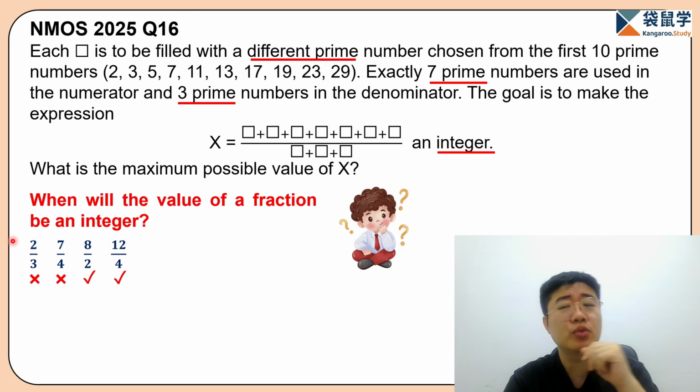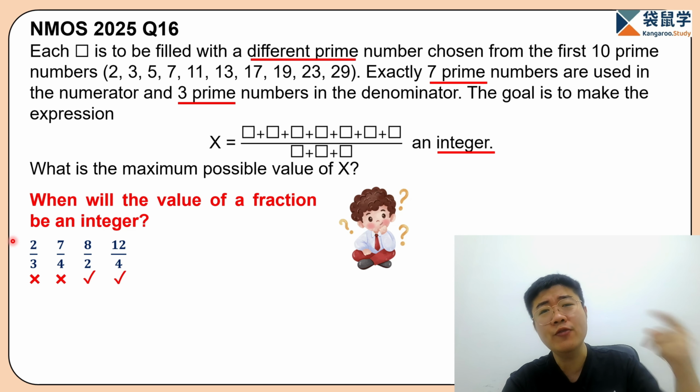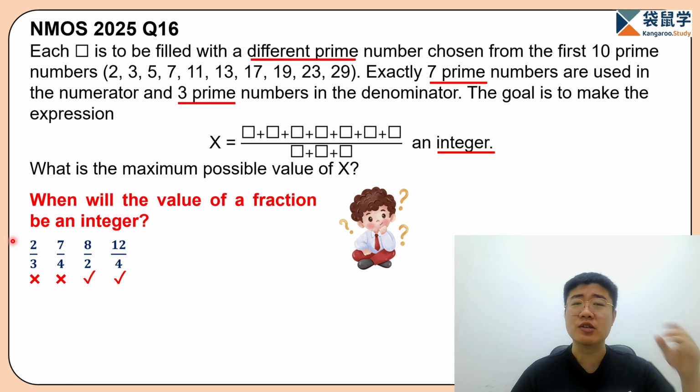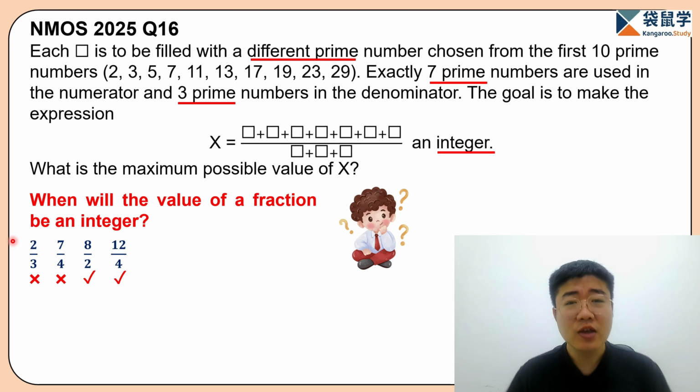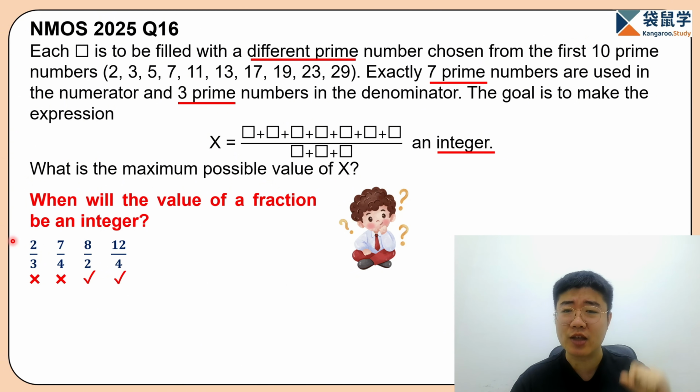But for 8 over 2, 8 can be divided by 2, so the result is an integer. And for 12 over 4, 12 can be divided by 4, so the result is also an integer. So the thing we can notice is that for the number on the top, the numerator, if it can be divided by the denominator, then the value of this fraction will be an integer here.